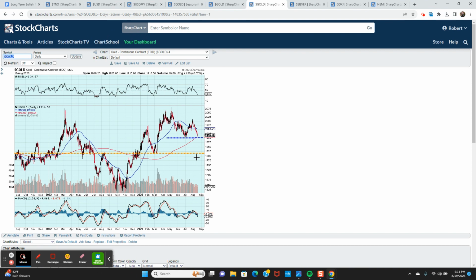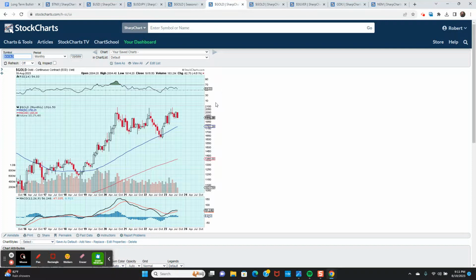This is a big area of support between 1800 and 1825. And if we zoom it out even more, the 50-month moving average is coming in around 1785. So that's big long-term support down there, closer to 1780 to 1800.